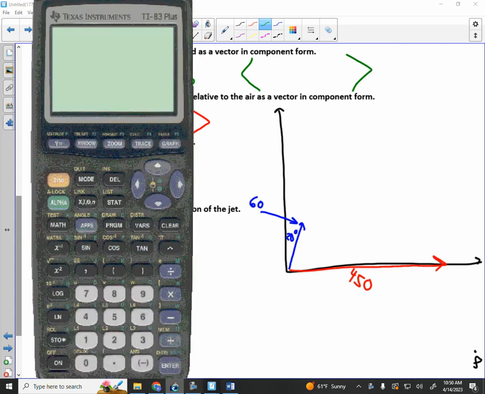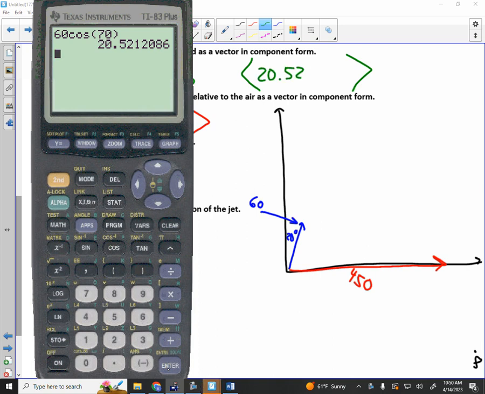I take out my calculator, press on, and press 60 times the cosine of 70, and I get 20.52. Then I take 60 times the sine of 70, and I get 56.38.